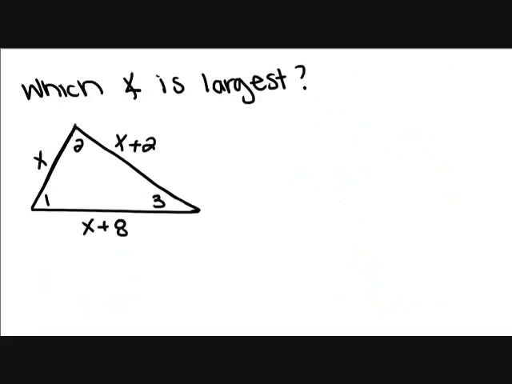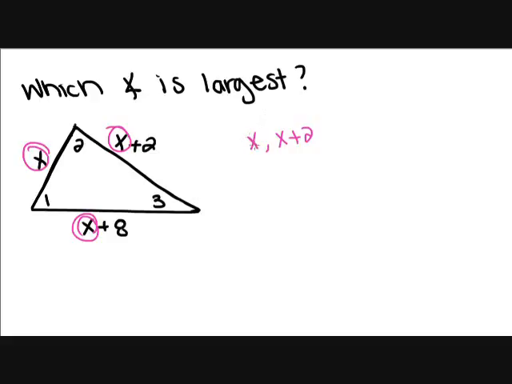Which angle is largest? So we know that the sides measure x plus 2, and x plus 8. If we were to order these sides from least to greatest, we would have x plus 2, because this x has the same value for each side.